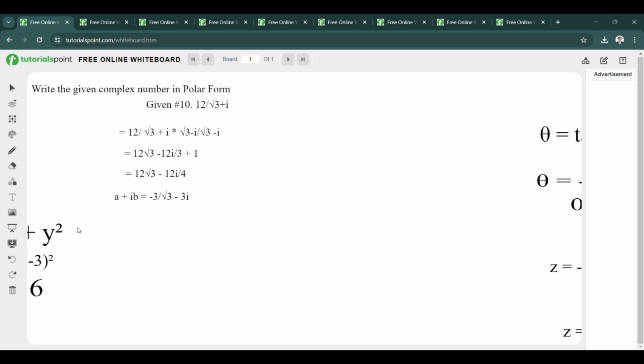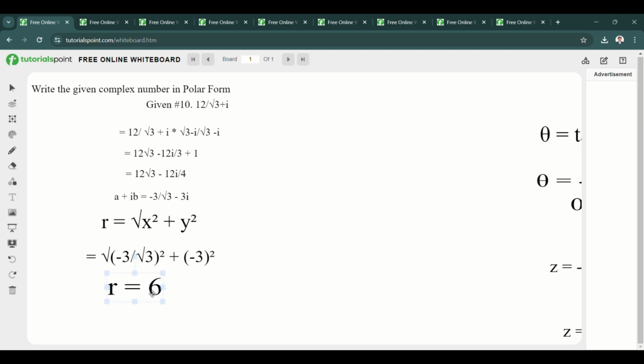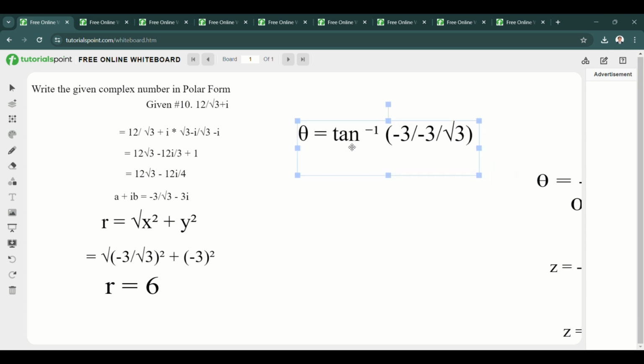So we have this. We can get the value of r because we have the values of a and b. By computing, the square root of negative 3 over square root of 3 over 2 raised to 2 plus negative 3 raised to 2, we will have the value of r, which is 6. Then we need to find the value of theta using the arctangent.